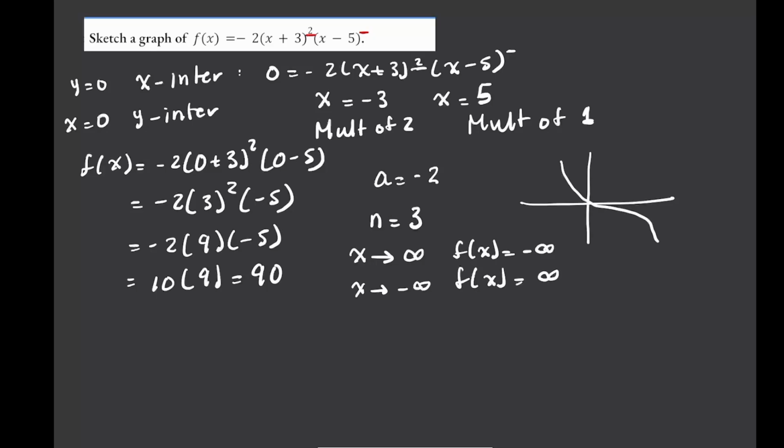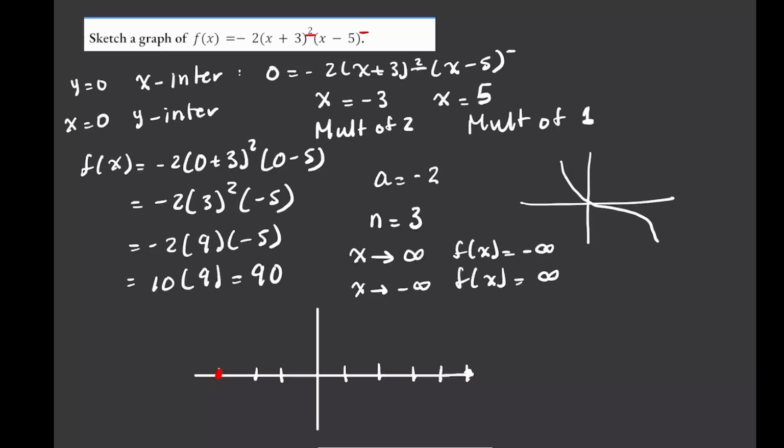So now let's try to graph my function. I know that I have my x-intercept at x equals negative 3, right here, and my other x-intercept is going to be at x equals 5. Now let's draw my graph.